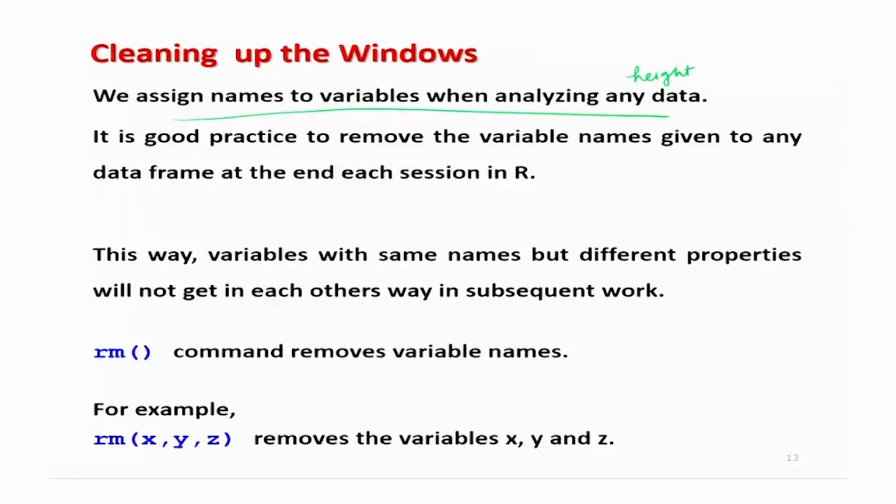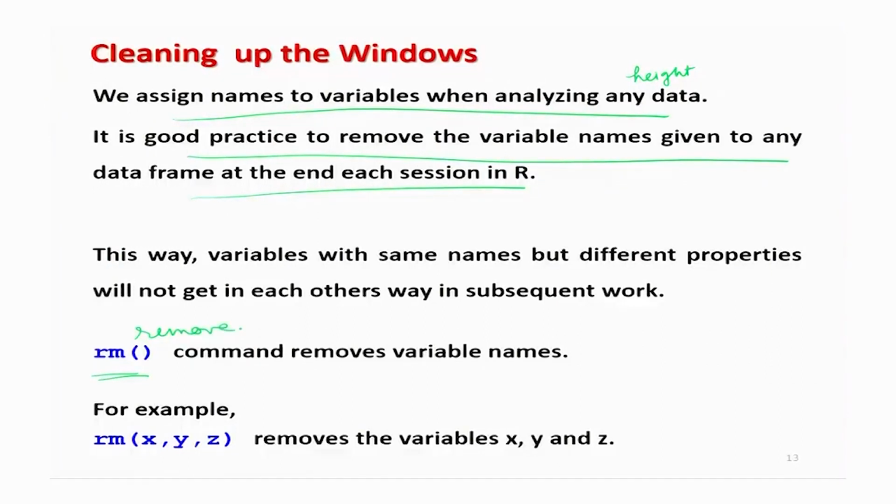So sometimes you want to clean up the window and remove the variables. Actually, it is a good practice to remove the variable names given to any data frame or data set after you finish your work in the R software. This way, this type of confusion will not be there, and there won't be any problem. So the question is, how can you remove the variables? We have a command rm. rm means remove, it is the short form.